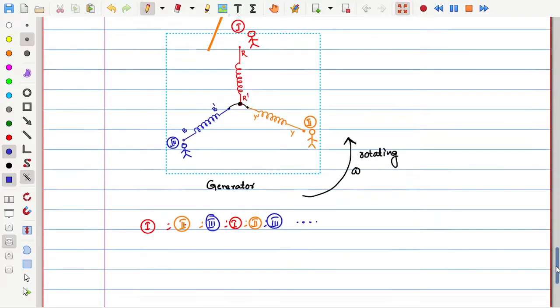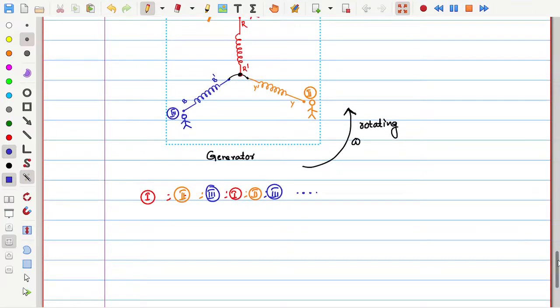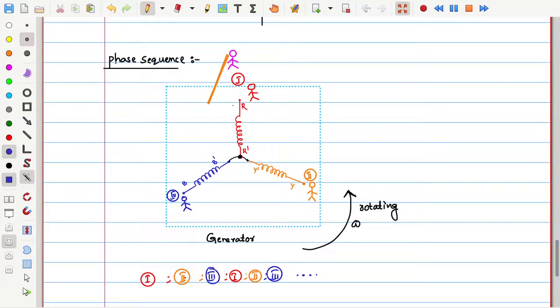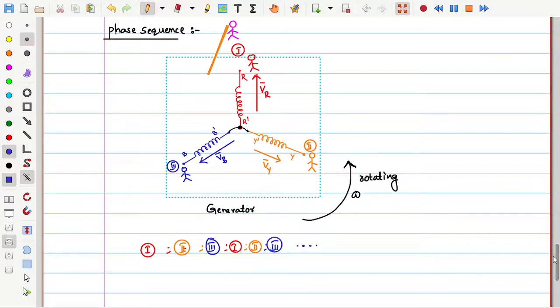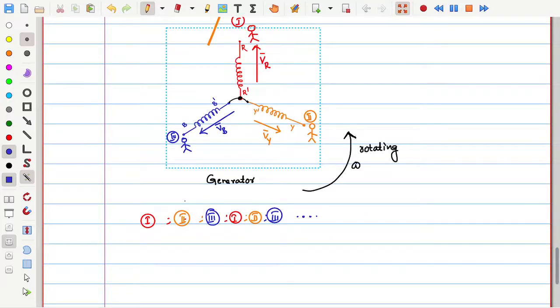So instead of first person, second person, what I'll say is that the R phase is the first person, whose voltage is VR, or you can also call it ER, the induced voltage. Second is VY, third is VB. Now in the form of phasors, in the notation RYB, how do my phasors look?